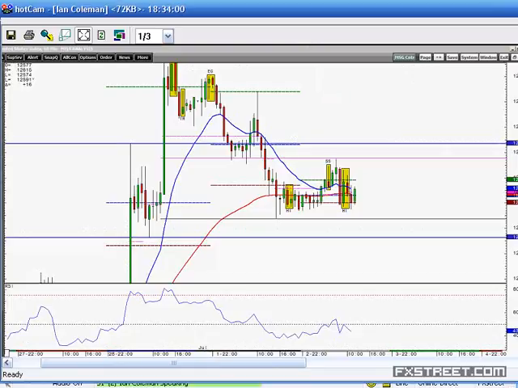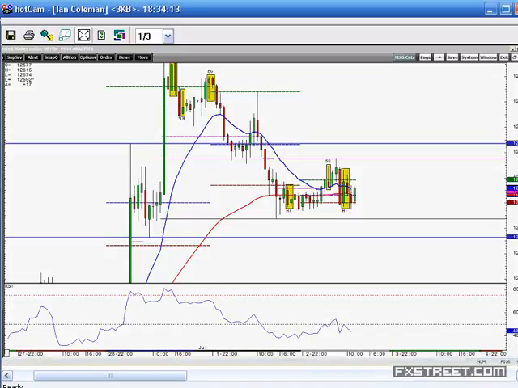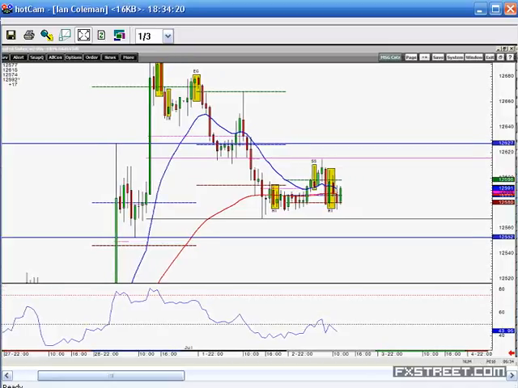Okay, any questions about market profile, about how you can use it to produce intraday scalps? Remember, I'm not just pulling the trigger with it. What I'm looking for is to trade with my bias.